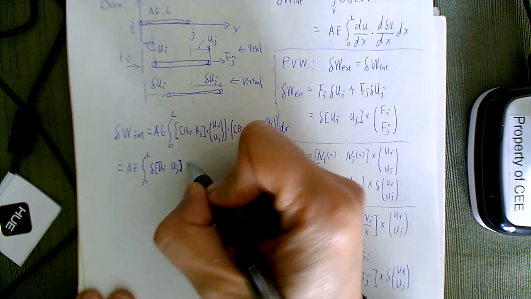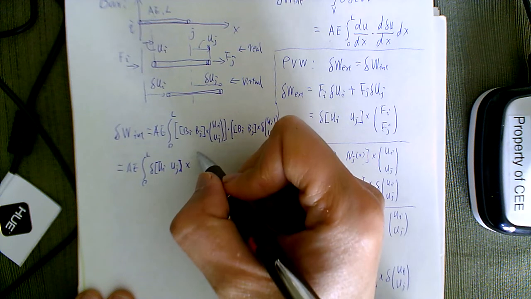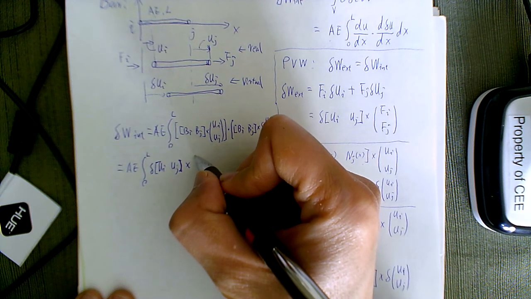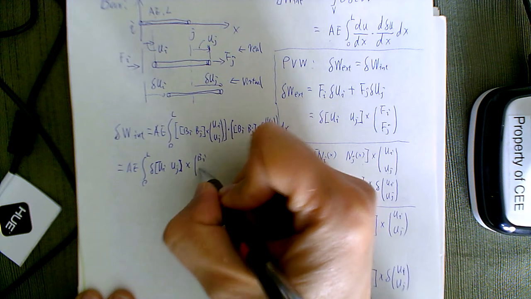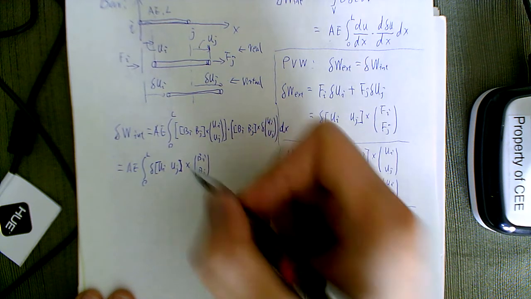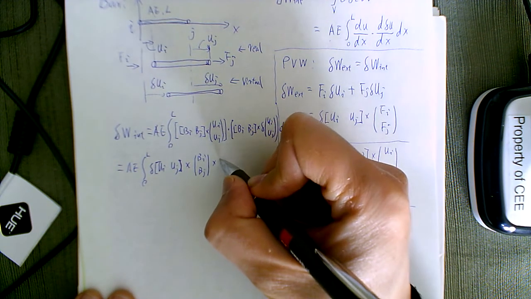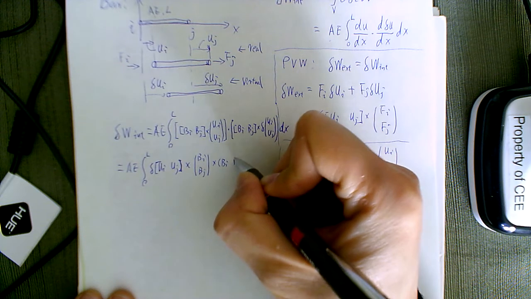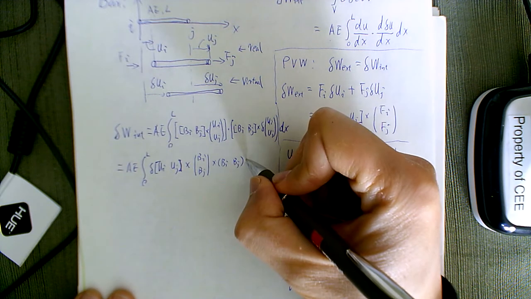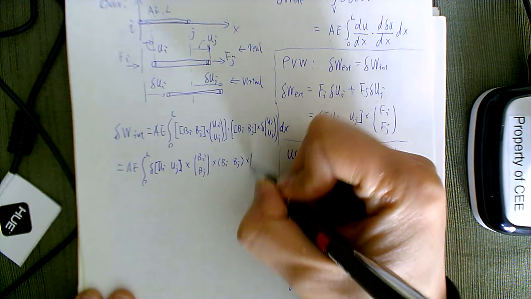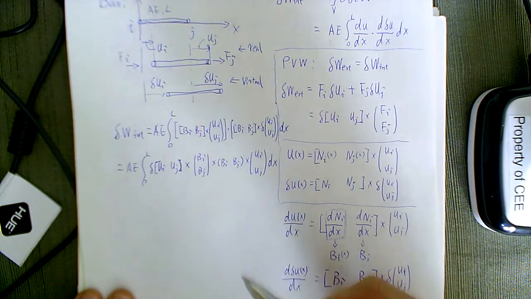Then we will times bi bj as a column vector, then times bi bj as a row vector, then finally times ui and uj and dx.